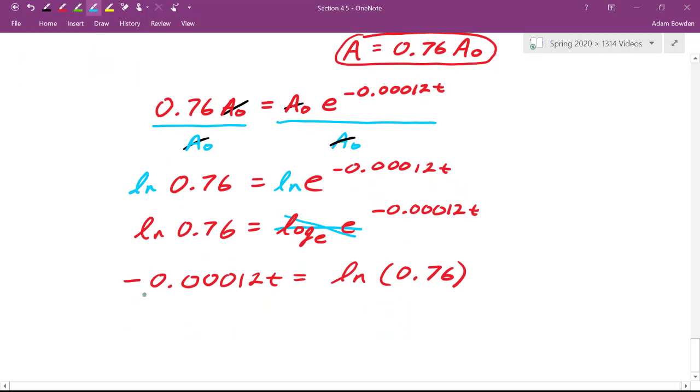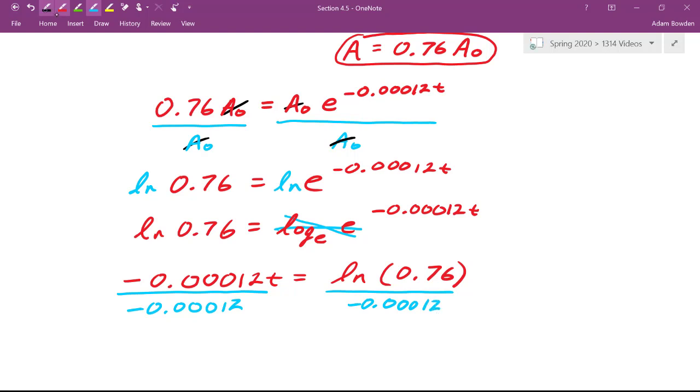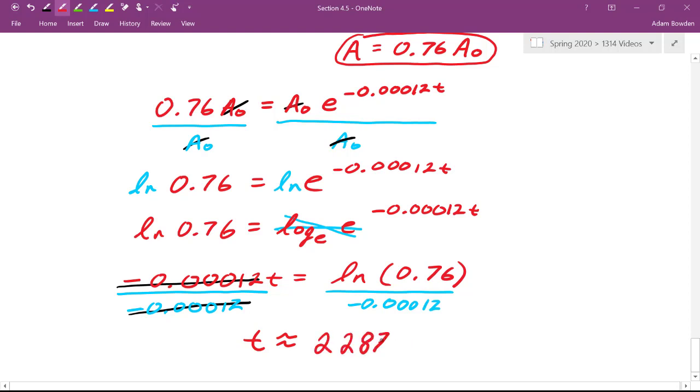Now we can divide both sides by that long decimal number so that we can solve for t. Once we do the calculation, we'll need to leverage the calculator to give us a number. I came out with approximately 2,287 years.